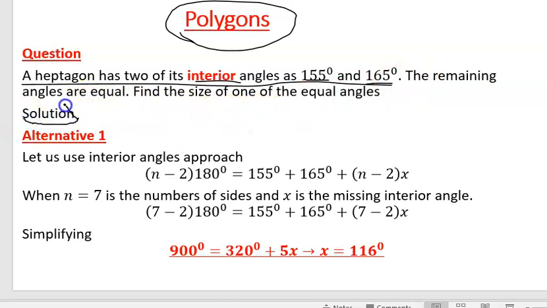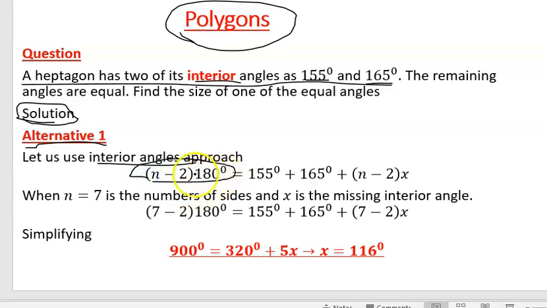Now I'm providing the discussion, but I'm going to approach this question using two approaches. The first one will be called alternative one, where we all know that the sum of interior angles in a polygon is given by n minus 2 multiplied by 180.